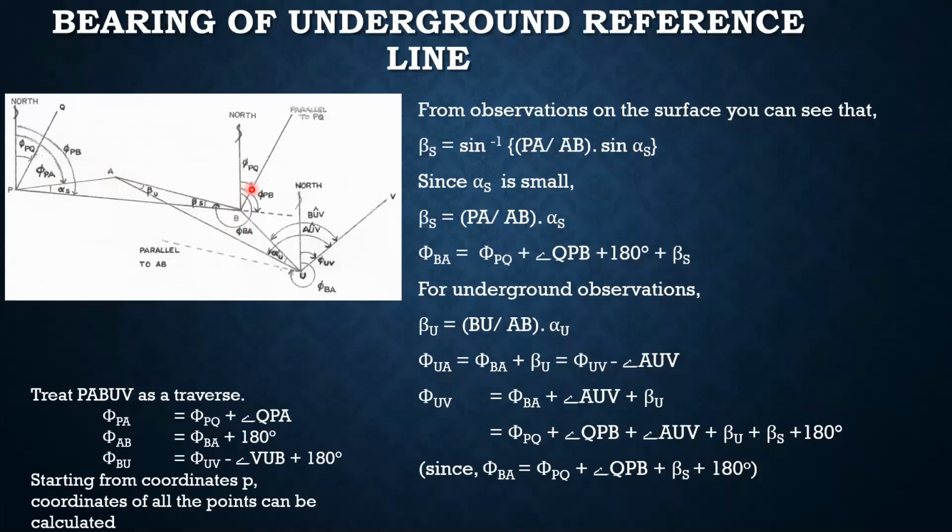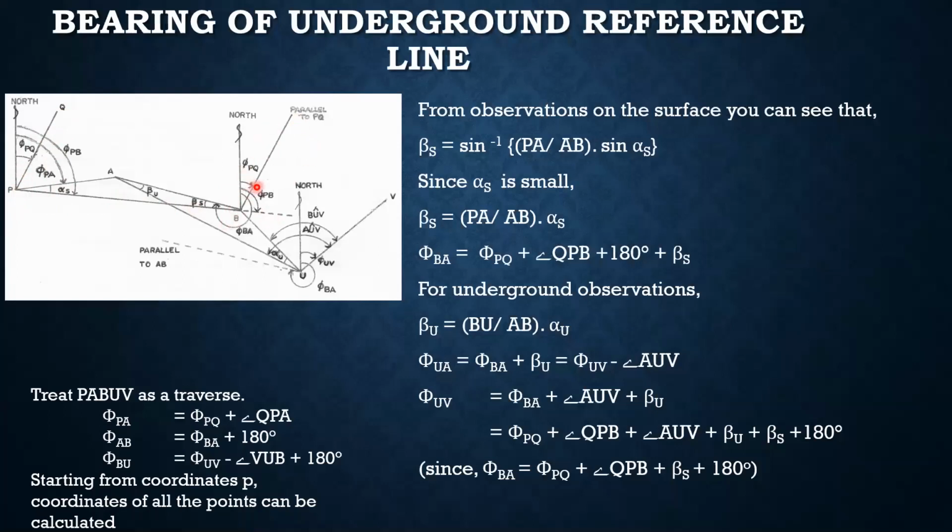From with respect to north, you can see P. Now, if you know phi, the bearing of PQ, plus this angle QPB, which also prevails here, right?